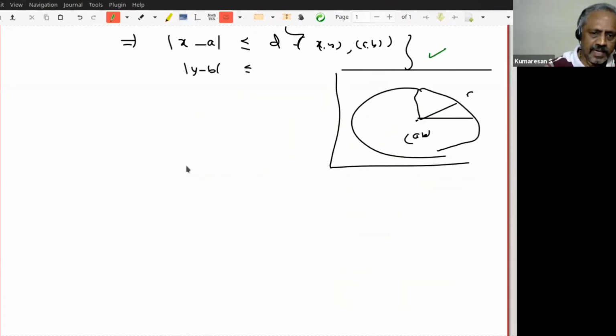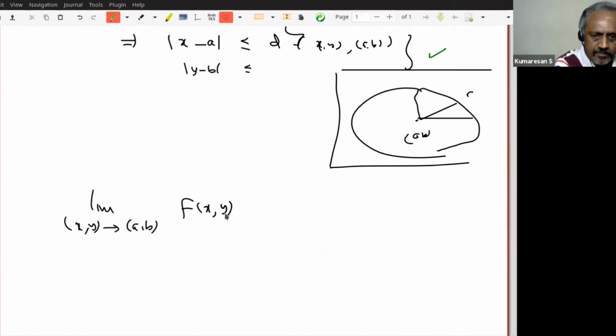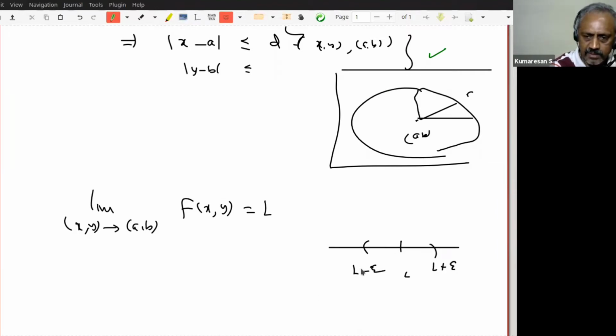Okay. And next thing you should remember: we defined what is meant by the limit of f(x, y) as (x, y) goes to (a, b). We said it's equal to L if L is a real number. Therefore, I can form an interval L minus epsilon to L plus epsilon. This epsilon is the error which I can tolerate. Then what do I need?